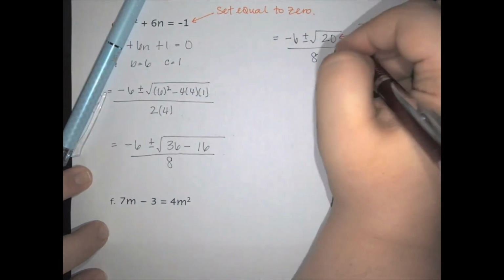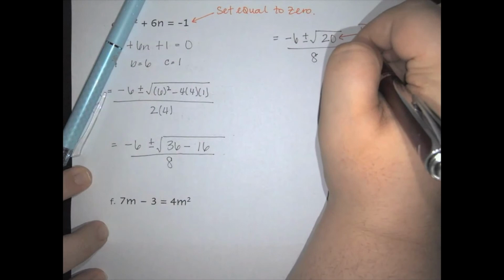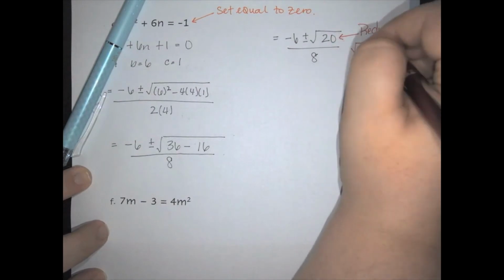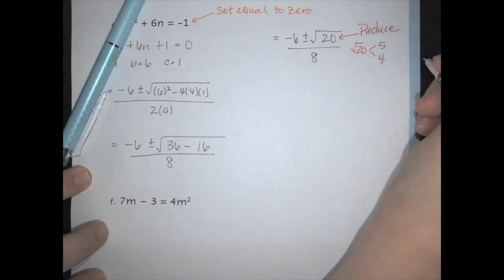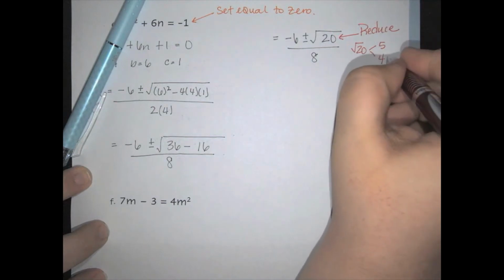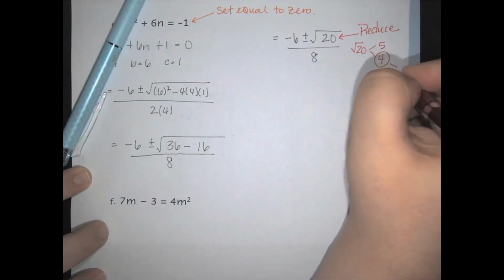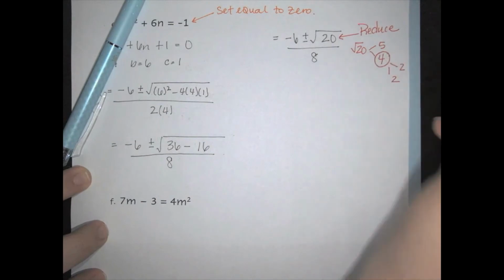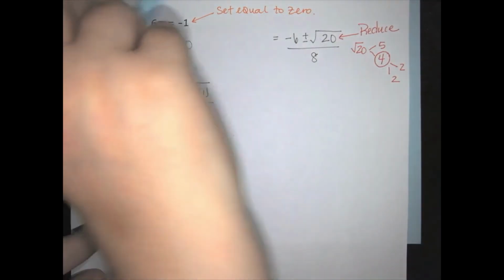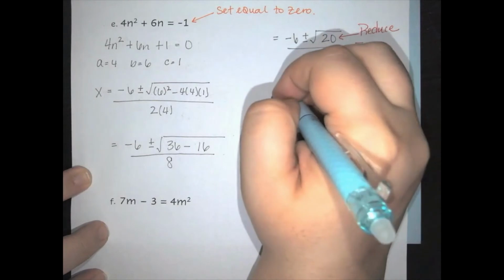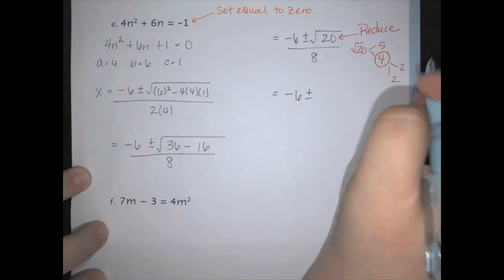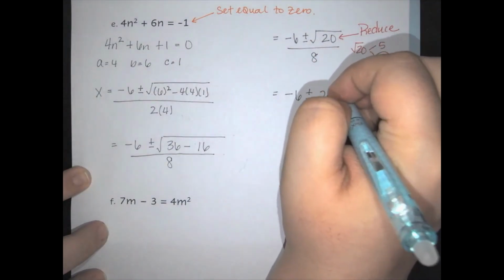So when we look at the square root of 20, we know that 20 can break down into 5 times 4, and we know that 4 itself is a perfect square because 4 would break down into 2 times 2.